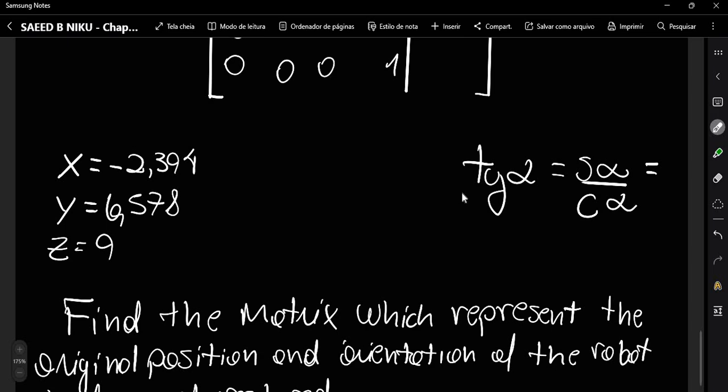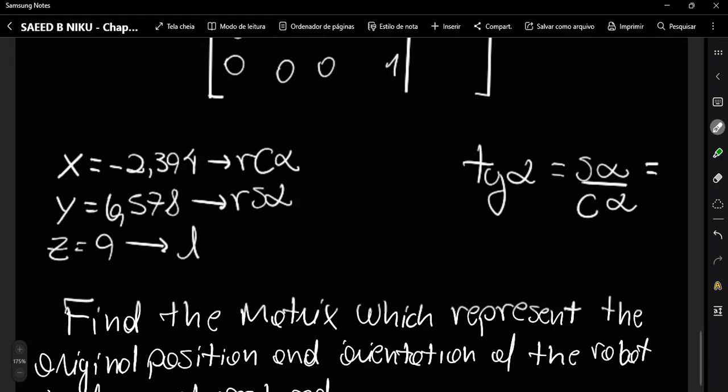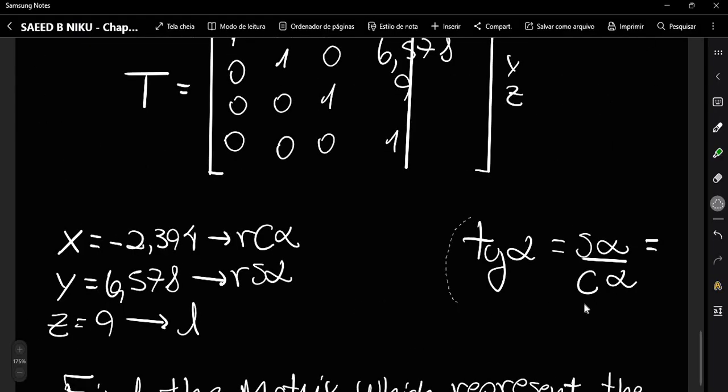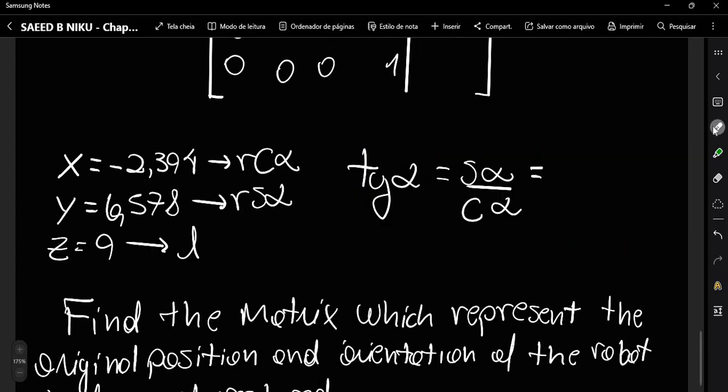So right here is r times cosine of alpha, right here is r times sine of alpha, and right here is L. Okay, so now let's calculate alpha. Right here we get rid of L.